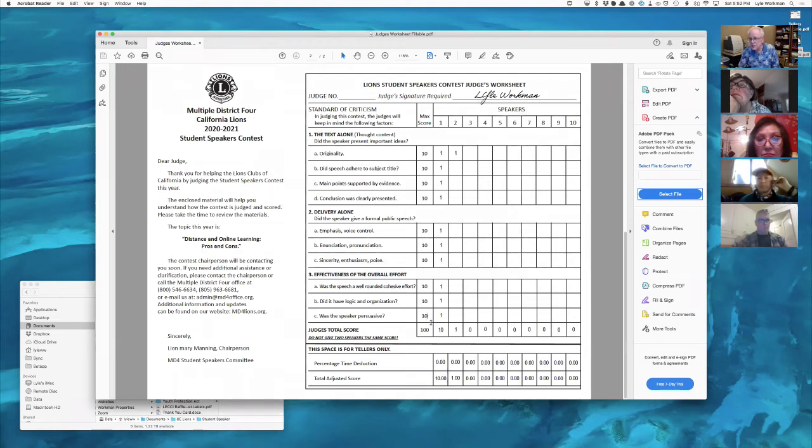So this is a good way for me to email the form to the chairman, and it can't be changed. The information can't be changed from when the judge did it or whatever form it happens to be. That's another reason I recommend using Acrobat.